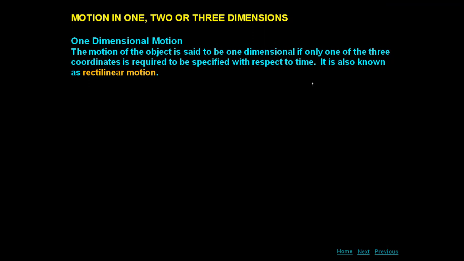Suppose that only one coordinate is changing out of 3, x, y, and z. If you take the object into space, there will be a 3D system with x, y, z axes, and the object is moving only along a particular axis, x, y, or z. Only one coordinate will change, the others will remain constant. In that case, the motion is called rectilinear motion.